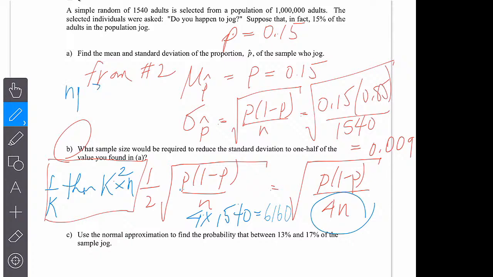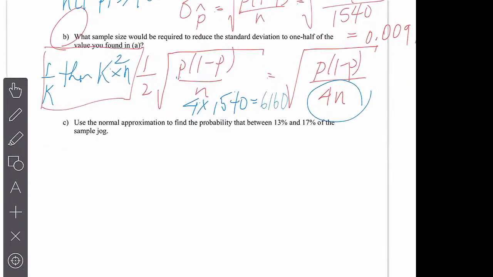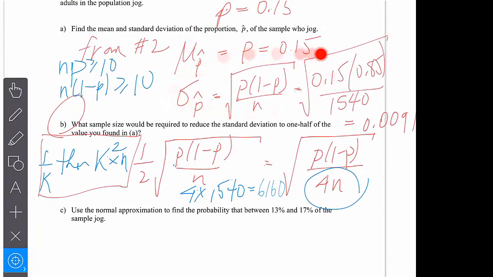N times P is greater than or equal to 10, and N times 1 minus P as well, because N was 1,540 times 15% is bigger than 10, for sure it is, and even bigger is N times 1 minus P. Okay, so this is true. So I'm going to use a normal approximation. I've used it here. That's the result from 2, because 2 derives from 1, which is an approximation.